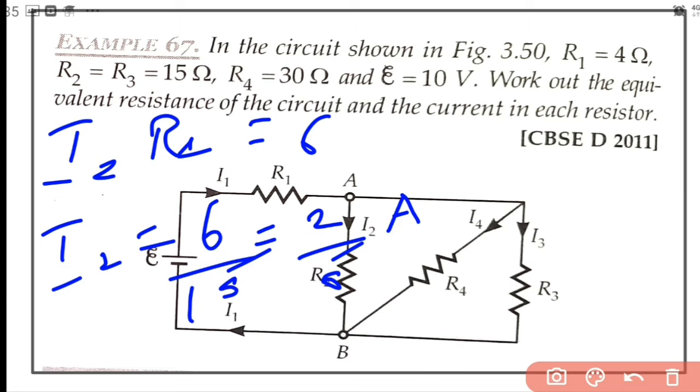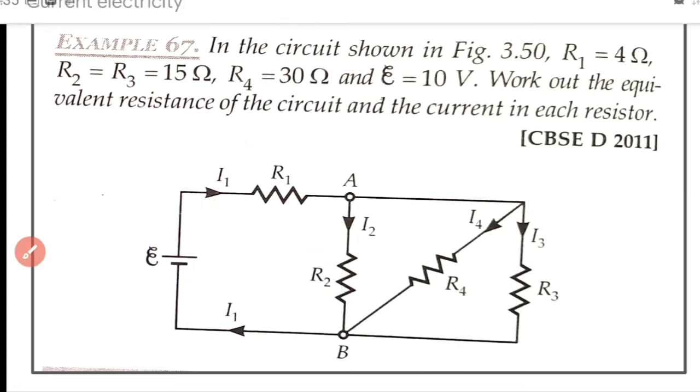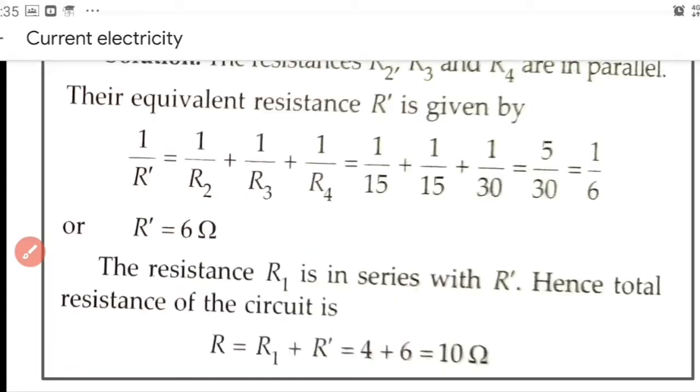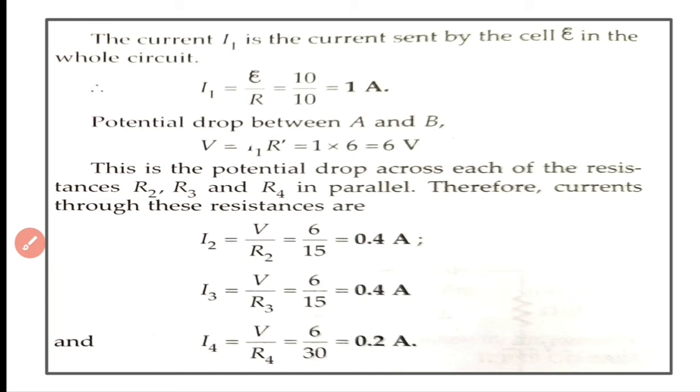So the current through R2 is 2 by 5 ampere. So like that you can do for I3 and I4. I3 is 6 divided by 15. So again that is 2 by 5, 0.4. Then I4 is 6 divided by 30. So you'll get 0.2 ampere.